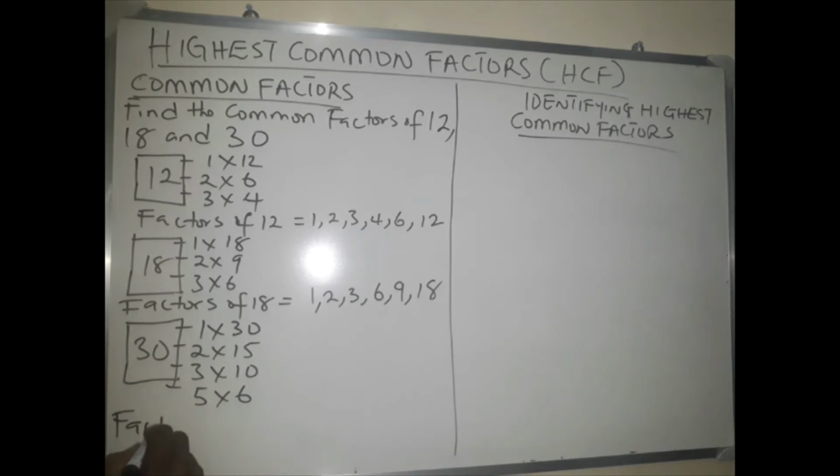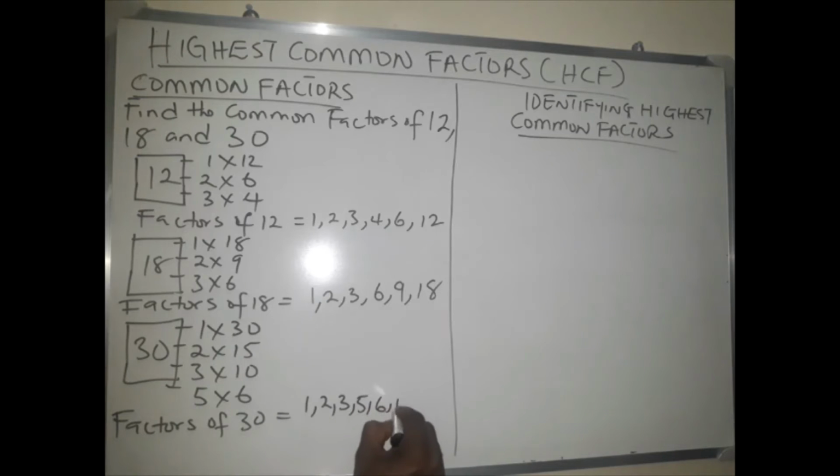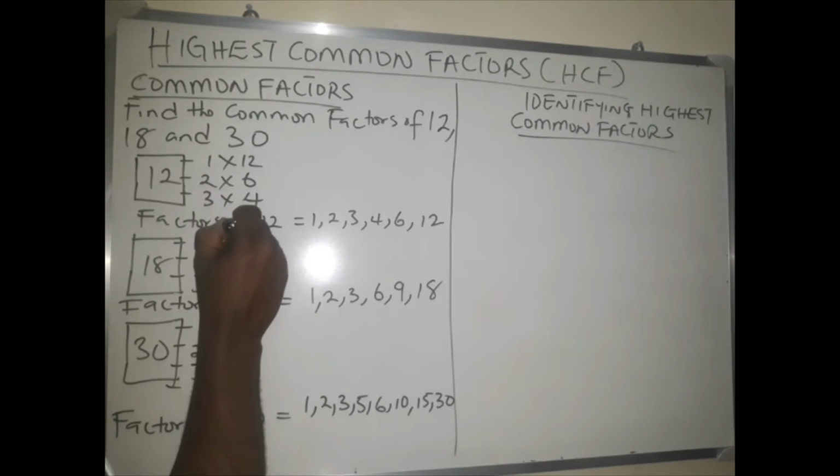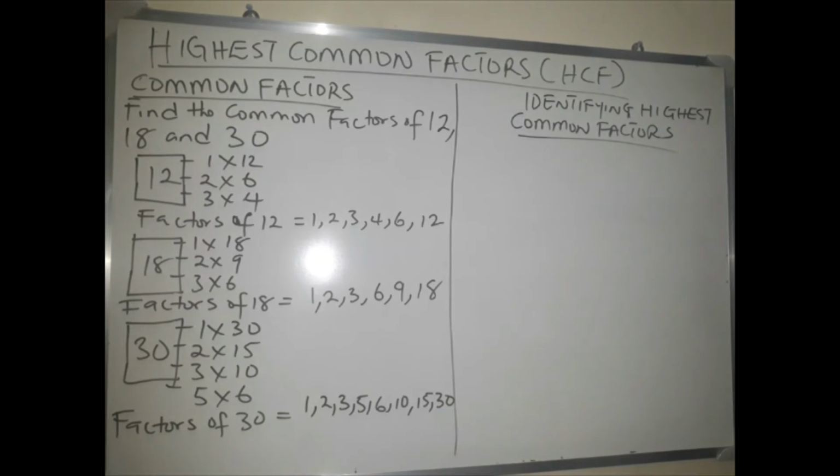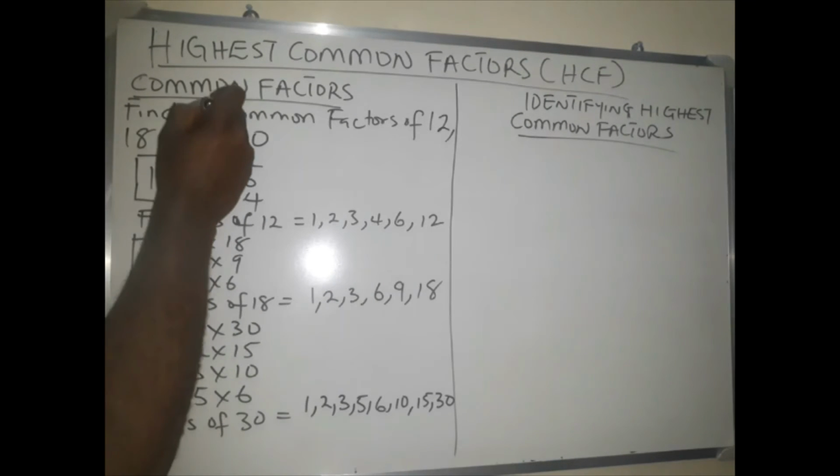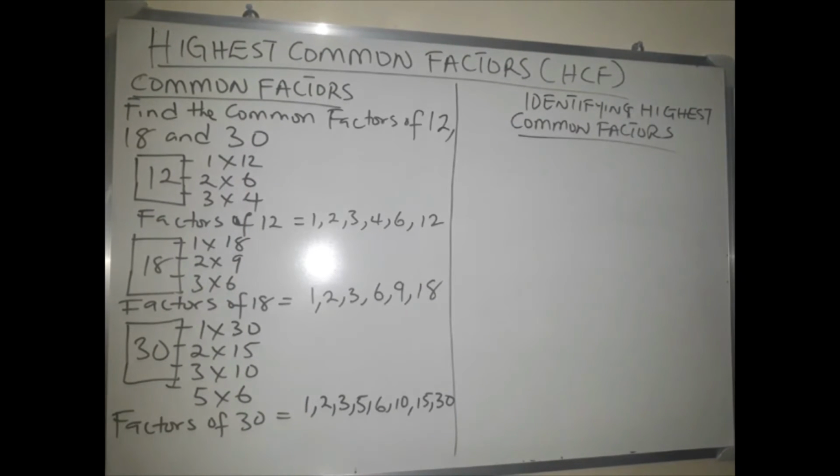So the factors of 30 are 1, 2, 3, 5, 6, 10, 15, and 30. Now we've outlined the factors of all three numbers, 12, 18, and 30. But the question is, find the common factors of the three numbers.